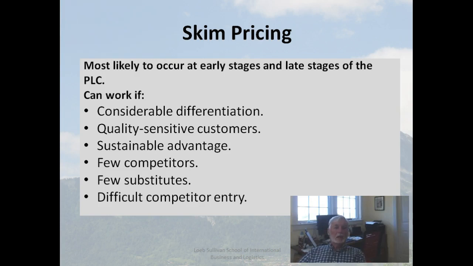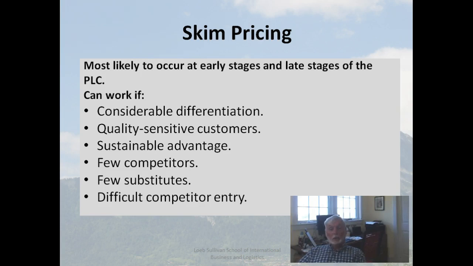They didn't have very many competitors in smartphones at the time. They were basically competing with BlackBerry when they introduced the iPhone. So they had one competitor, and they had a considerable differentiation from that competitor. There weren't many substitutes, and it was difficult for new competitors to enter. So they used skim pricing on the iPhone.